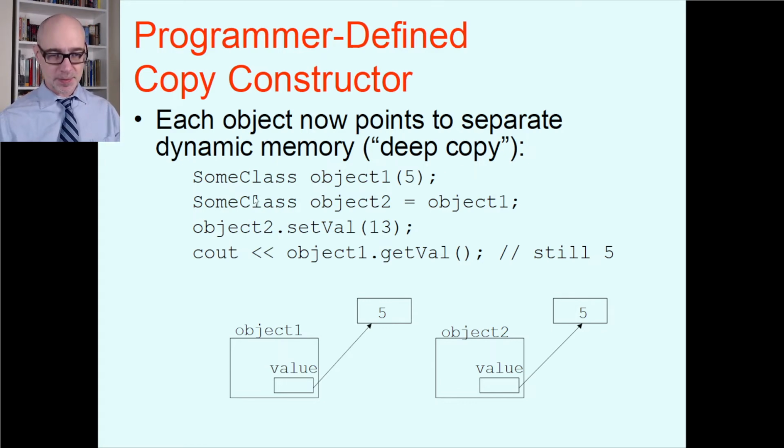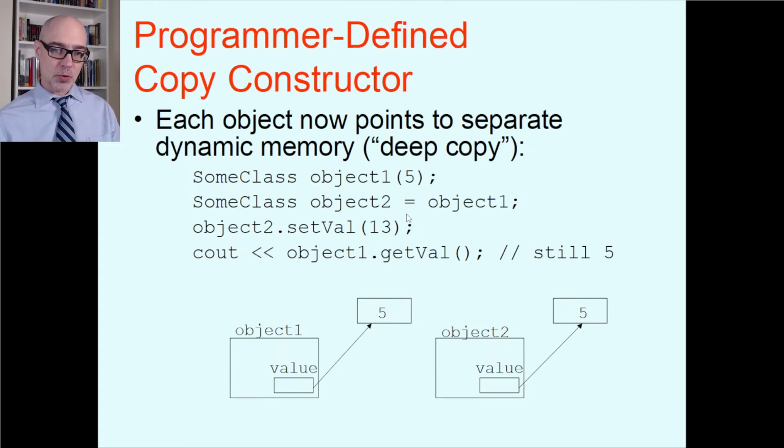So in this case, I make a first object of some class. Here's object 1. Again, it creates it, dynamically allocates some data, puts the address in the value pointer, and puts a 5 in the data location. Great. Now here we're making a second some class object called object 2, set equal to object 1. Again, this equal sign is what triggers the copy constructor function on the prior slide.